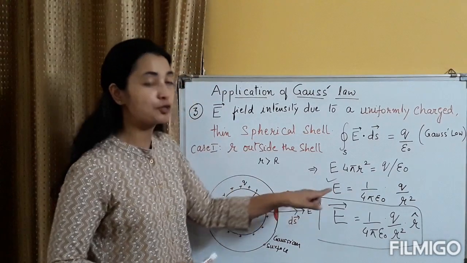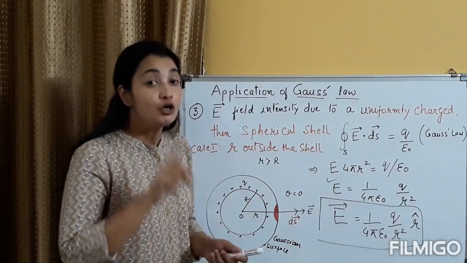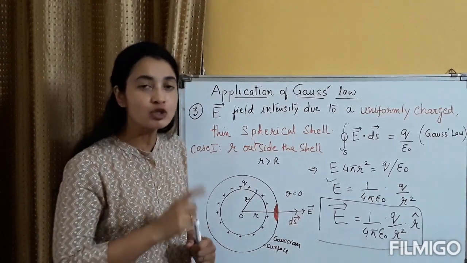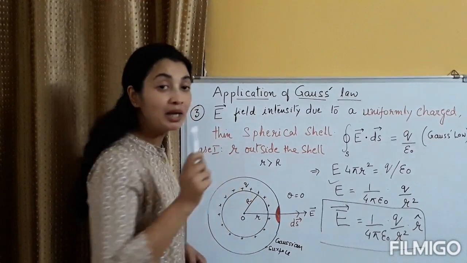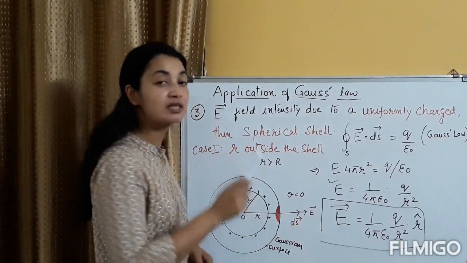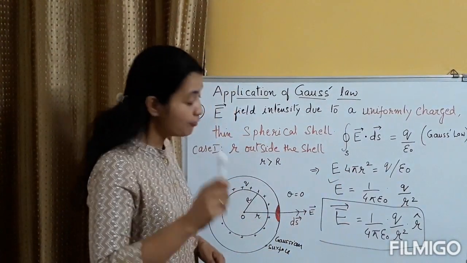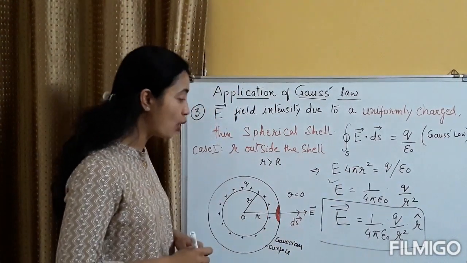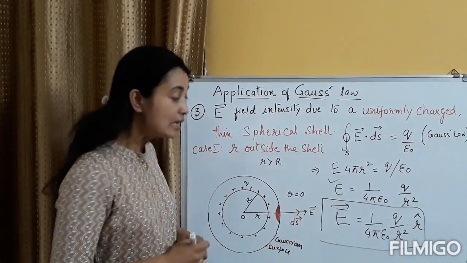You know that this expression very specifically belongs to the electric field due to a point charge or due to an isolated charge. So this charged spherical shell behaves as if entire charge is concentrated at the center, and this is justified through this relationship. If you want, you can make note of the point that the charge behaves as if the entire charge is concentrated at the center.